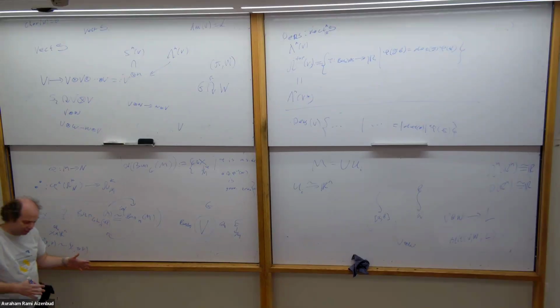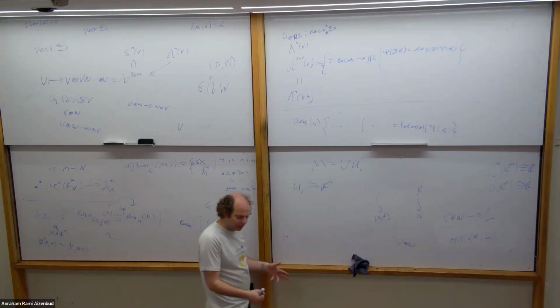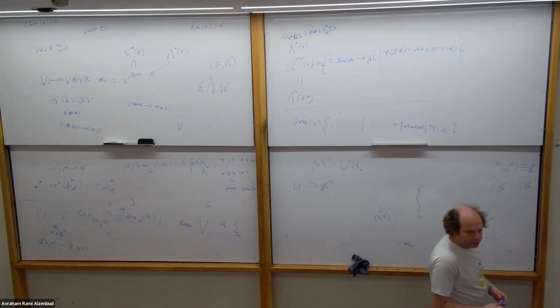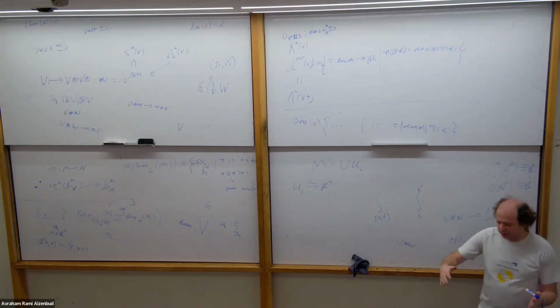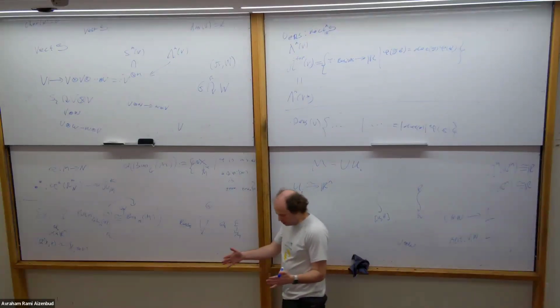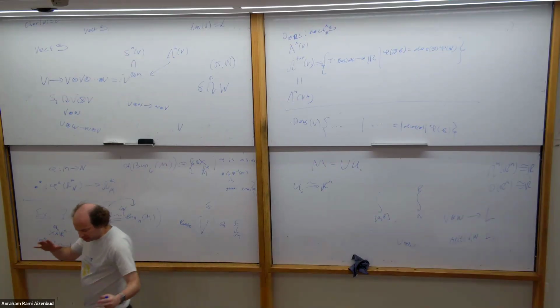So when you define a tensor in the physics language, what you're doing is you consider a collection of all assignments that for any basis gives you this huge matrix. And you have an action of GLN on this collection.